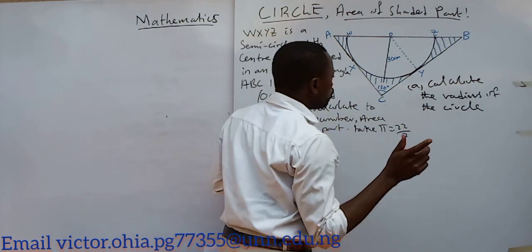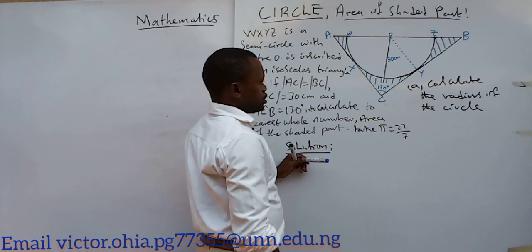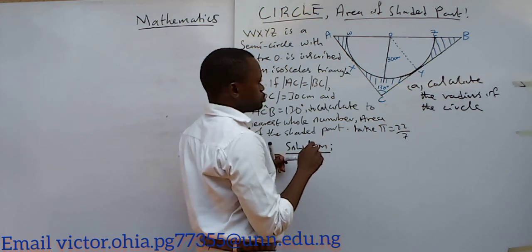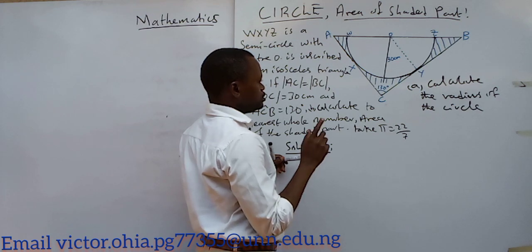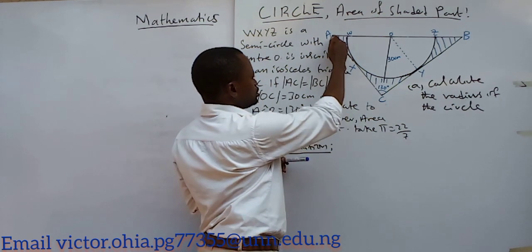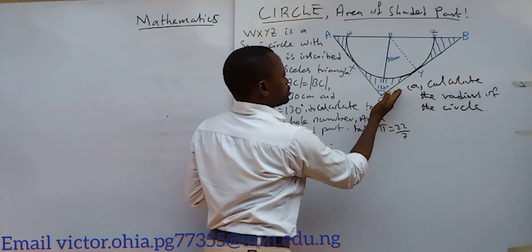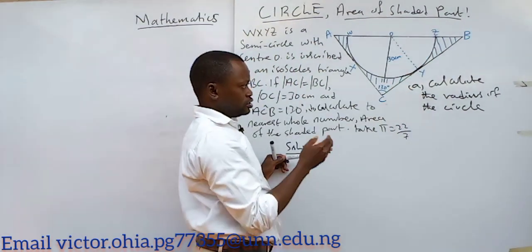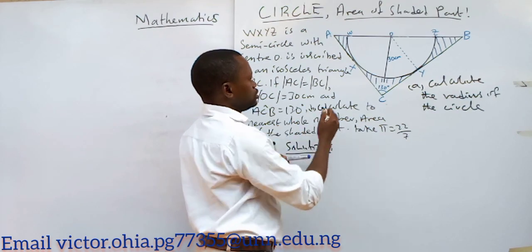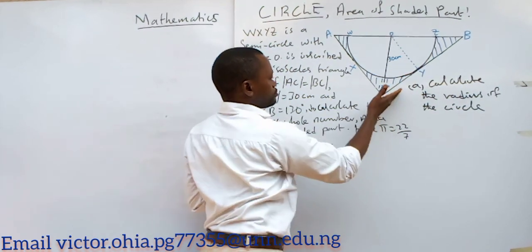But before then, there's something I also want us to take a look at here. That thing is this, that this line is equal to this line. It is described in the question. This line is equal to this line.